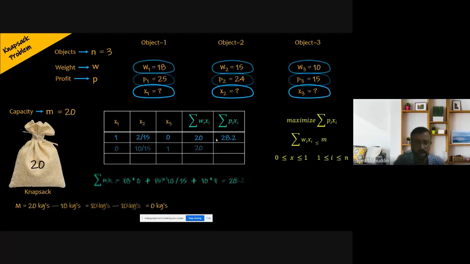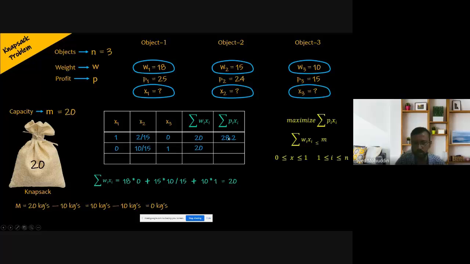Now let us look at another scenario of filling the knapsack with the object which has maximum profit. Again, object 1 has the maximum profit, so we will start filling up with the maximum profit.